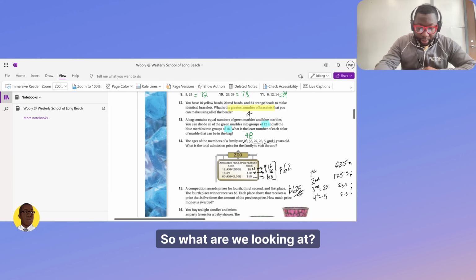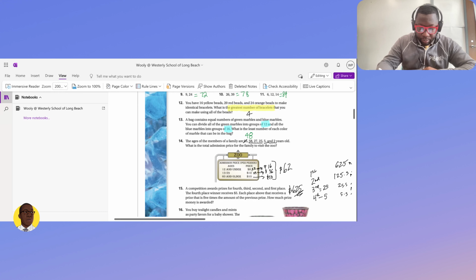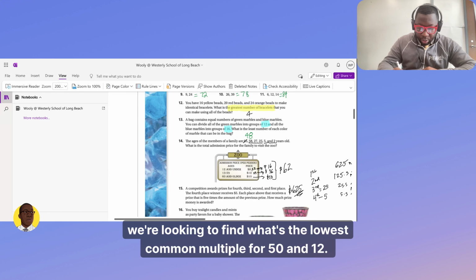So, what are we looking at? In this example, we're looking to find the lowest common multiple for 50 and 12.